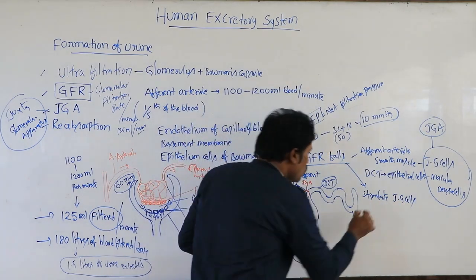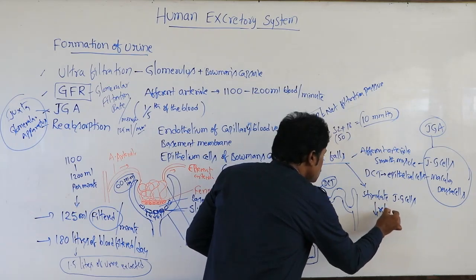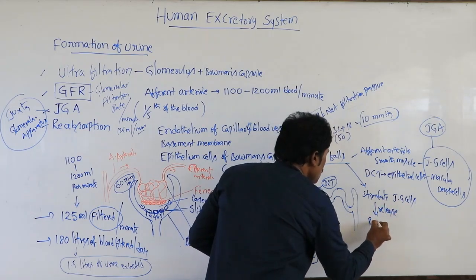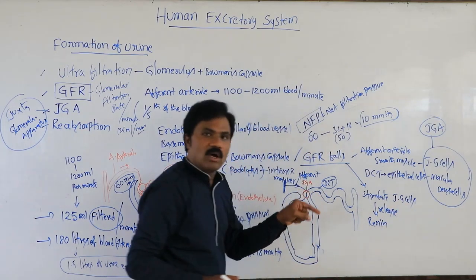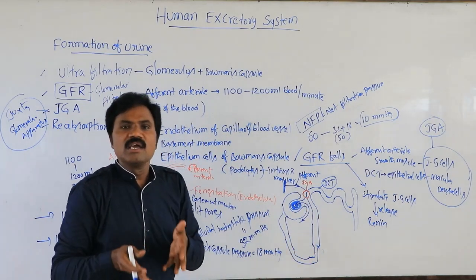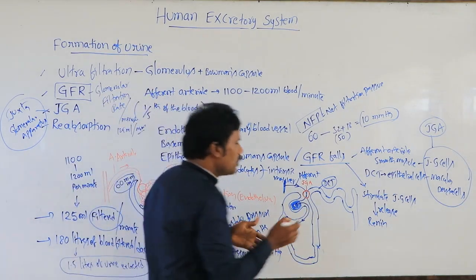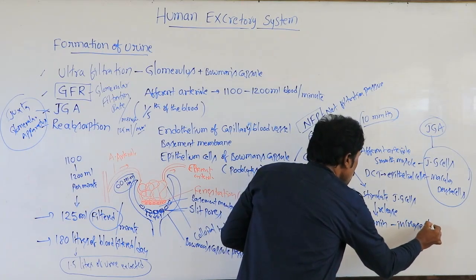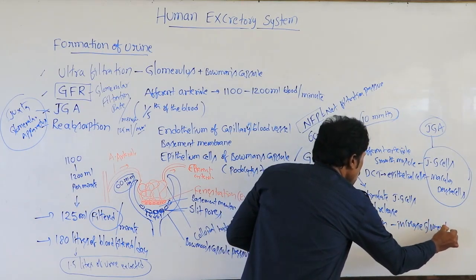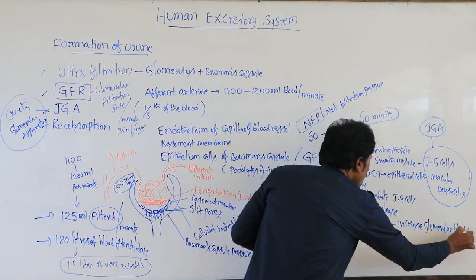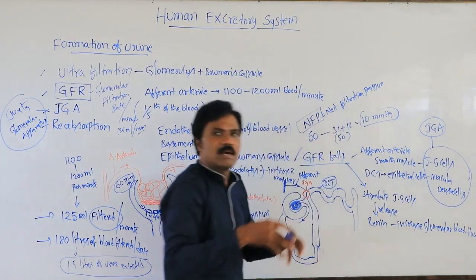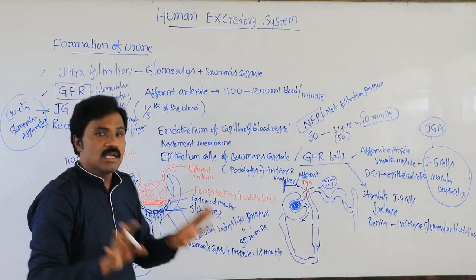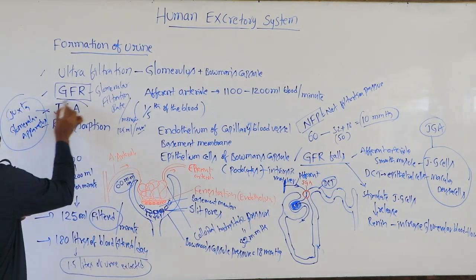These juxtaglomerular cells release renin. Renin increases glomerular blood flow, and then it comes back to normal. That is how the juxtaglomerular apparatus works.